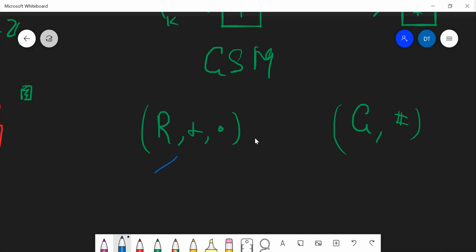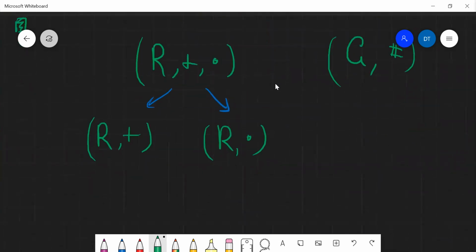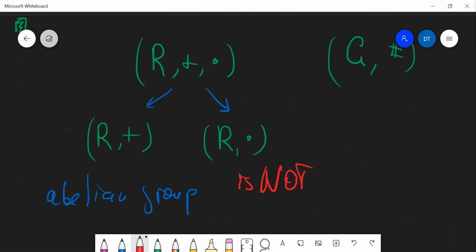You have two options: you may consider R with addition, or R with multiplication. With addition, it's an abelian group, because of the axioms. With multiplication, it is not a group. So this one is not a group, and this one is the best possible group, an abelian group.